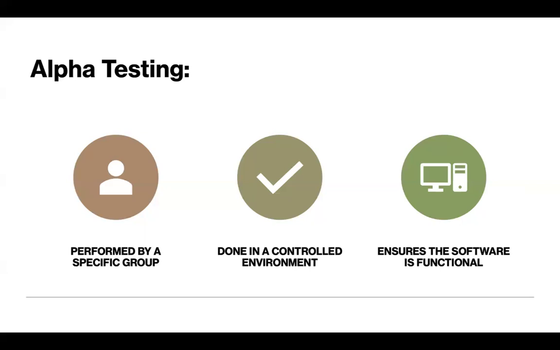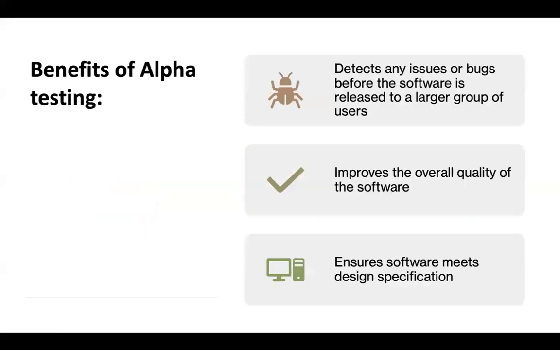We do that just to ensure that our software is functional, and we want to make sure that our software meets all of the design specifications that were set before the production of the product began. So just think of it as we're trying to see if our system is doing exactly what we wanted it to do, exactly what we were asked to code.